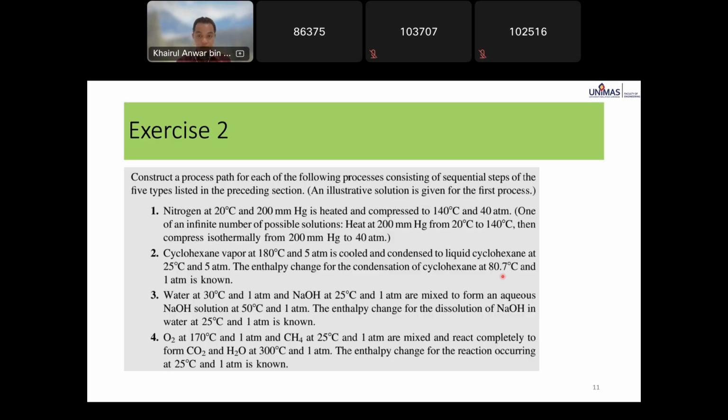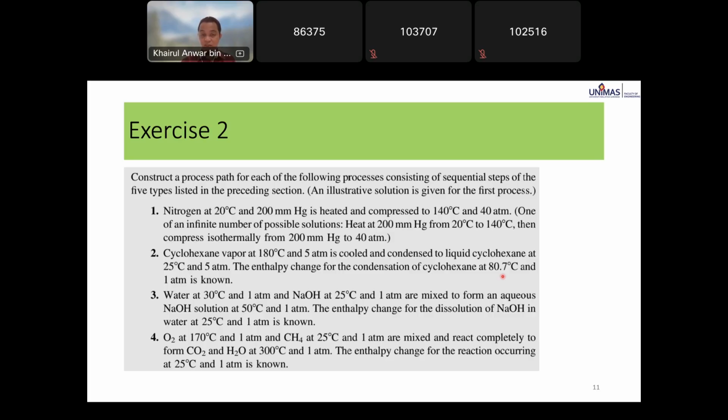So you need to cool the vapor to 80.7 degrees C, reducing the temperature from 180 to 80.7. At 80.7, the phase is still vapor, but that one is delta H1.